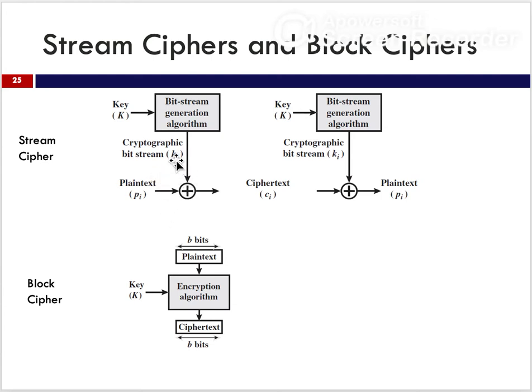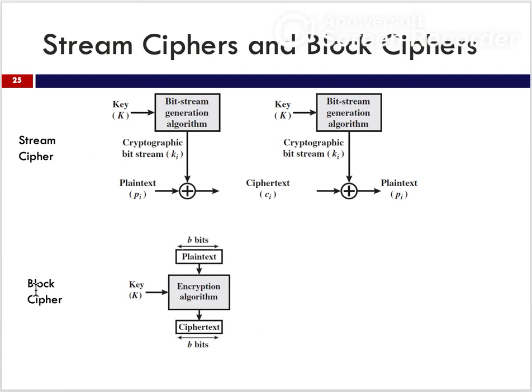Once our key stream is exhausted, we need a new key stream for the plain text, because if you repeat it, then there is a chance of some kind of cryptanalysis attacks. In case of decryption, the same key is given to the same algorithm, and this algorithm will generate the same key stream, and you XOR it with ciphertext to get the corresponding plain text.